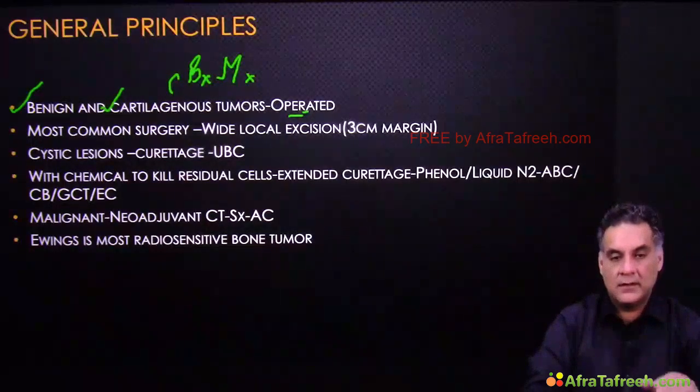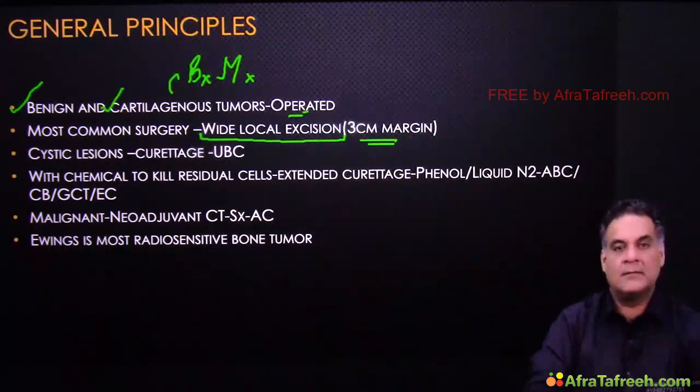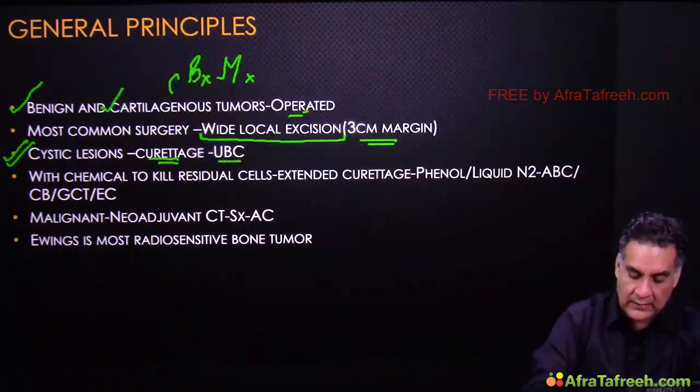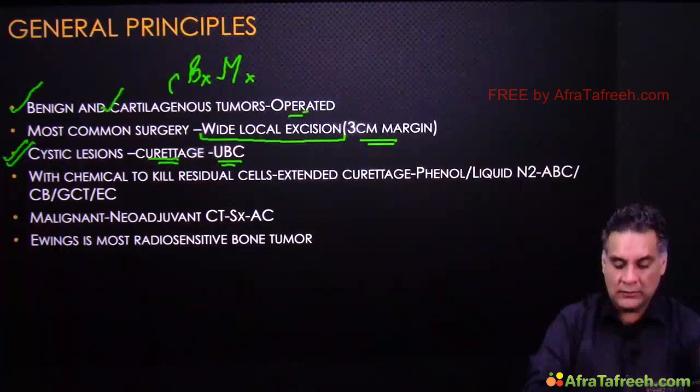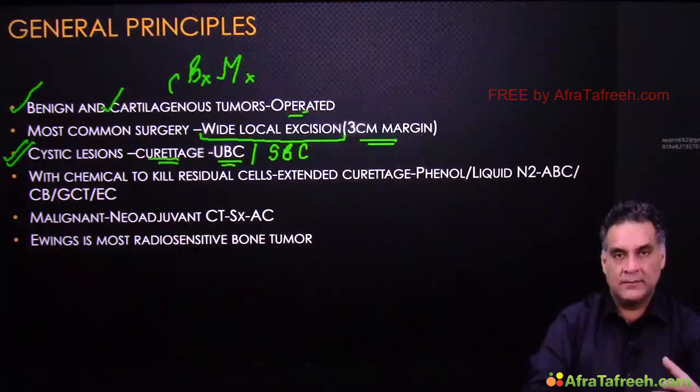Whereas most common surgery overall is wide local excision with 3 centimeter margin. Cystic lesions, you do curettage, like uni means single, cameral means kamra or cavity, unicameral bone cyst, also called as solitary bone cyst, also called as simple bone cyst.